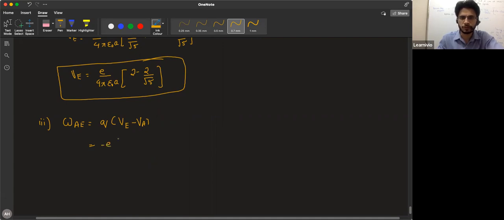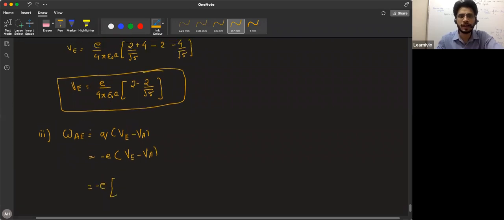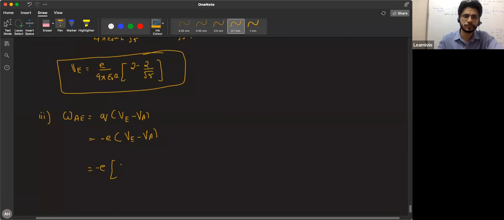Minus E. So it's minus E times potential at E minus potential at A. Potential at E is E by 4 pi epsilon naught A times 2 minus 2 by root 5.